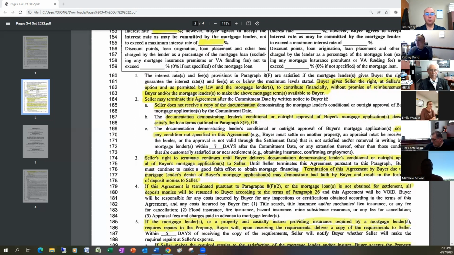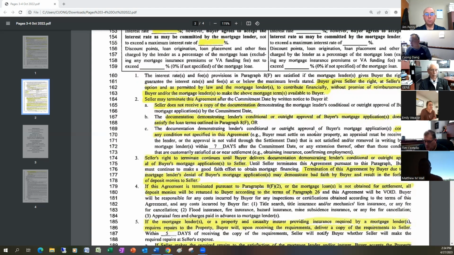Okay. 2C, the documentation demonstrating lender's conditional or outright approval of buyer's mortgage application contains any condition not specified in this agreement. Here's some examples they give.